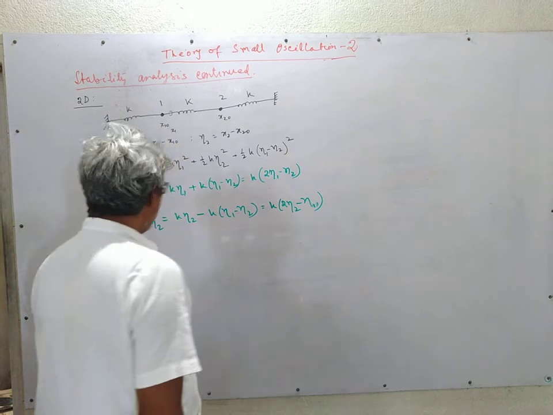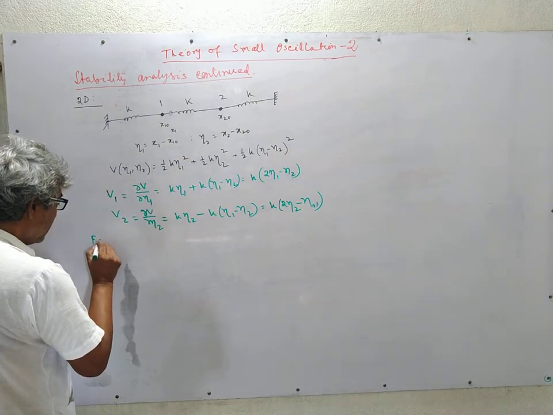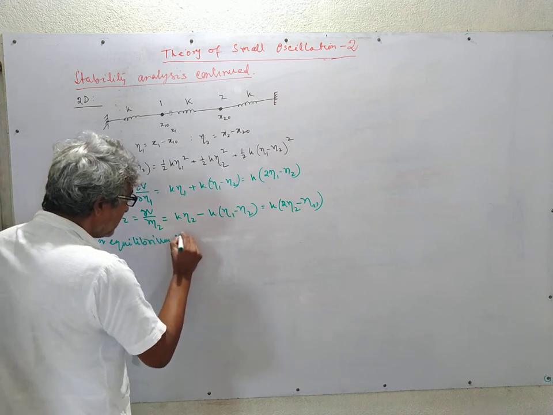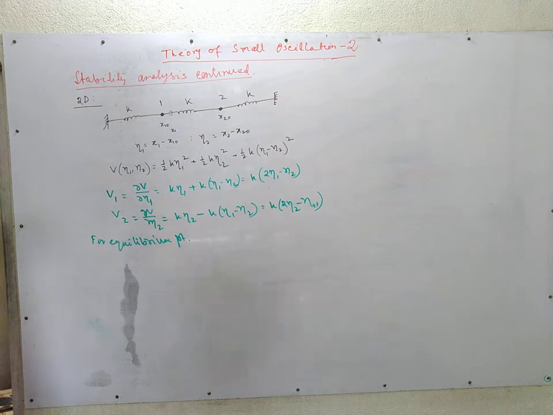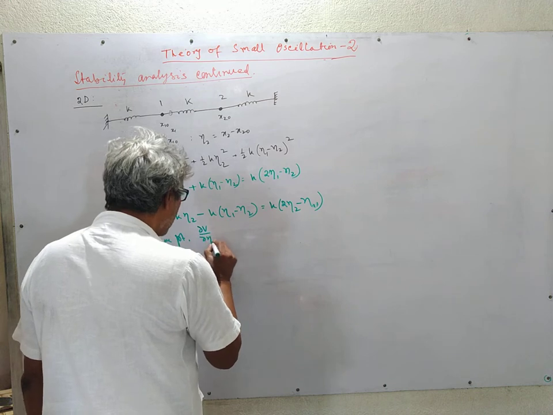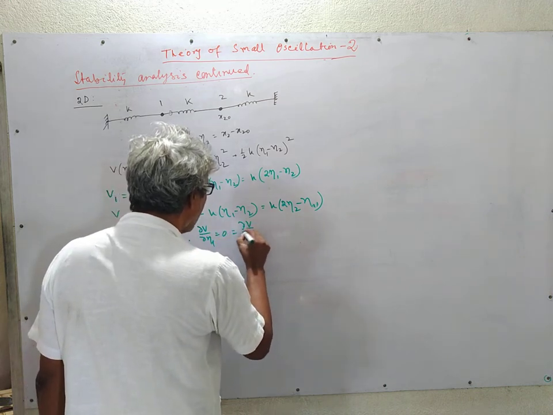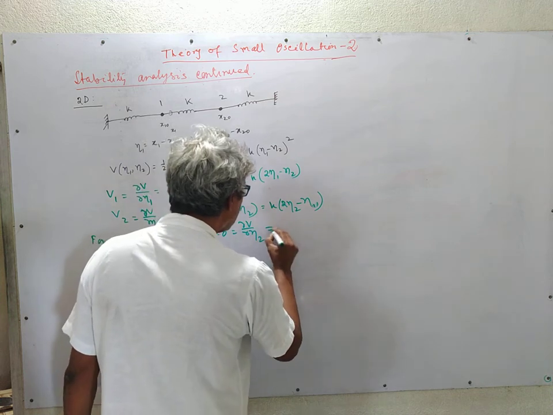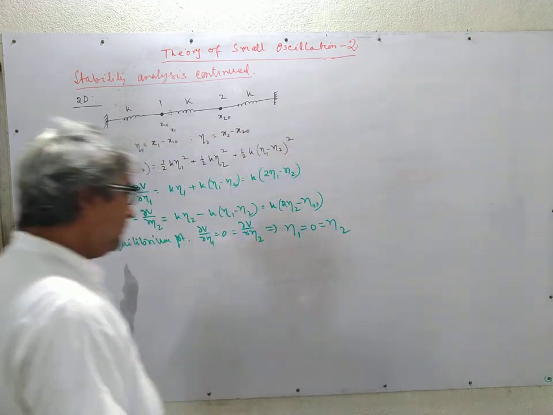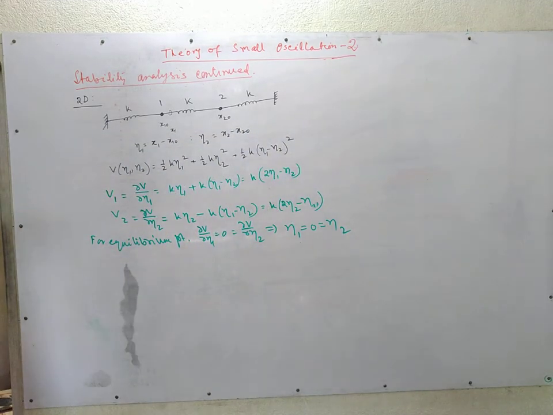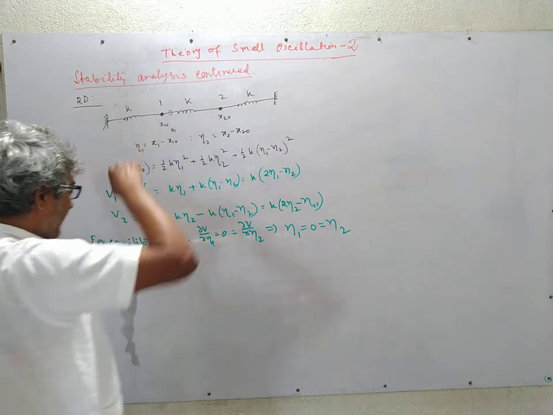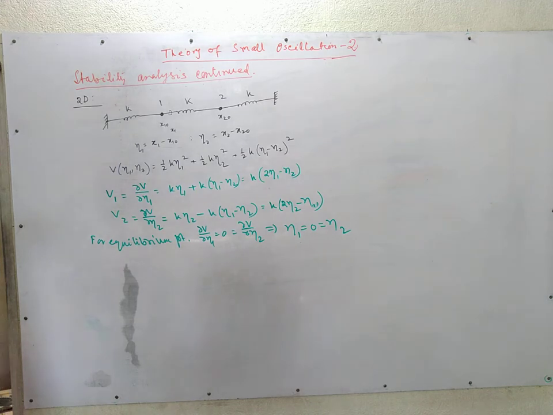So first, the equilibrium point. For the equilibrium configuration, we have del V del eta 1 equal to 0 and del V del eta 2 equal to 0, which gives us eta 1 equal to 0, eta 2 equal to 0. So the stationary point is eta 1 and eta 2 both 0, that is the equilibrium point when the respective masses were at their equilibrium position.